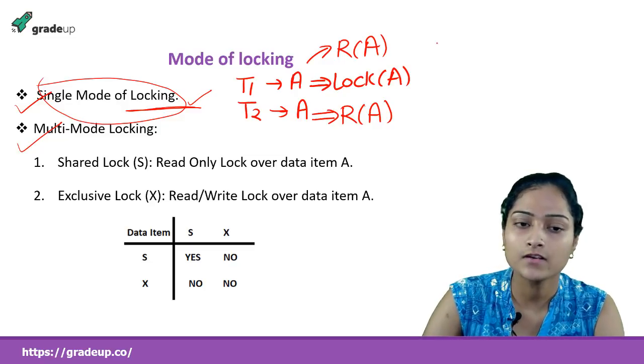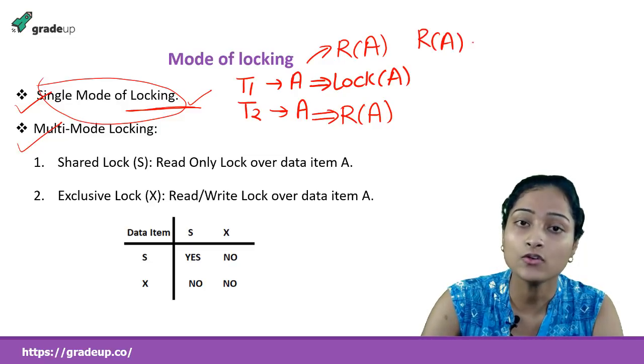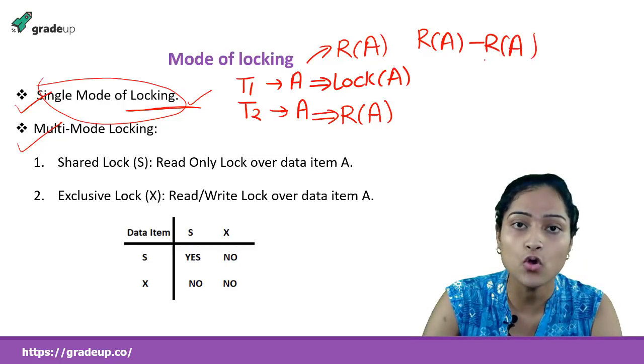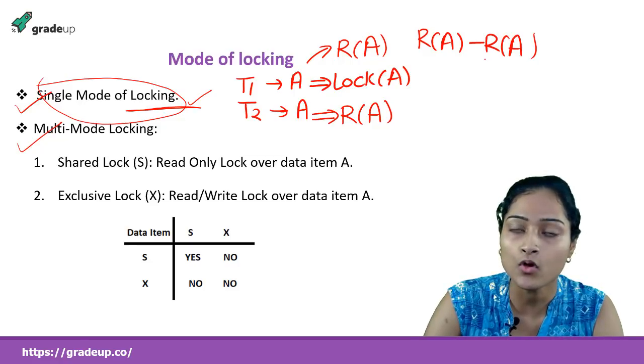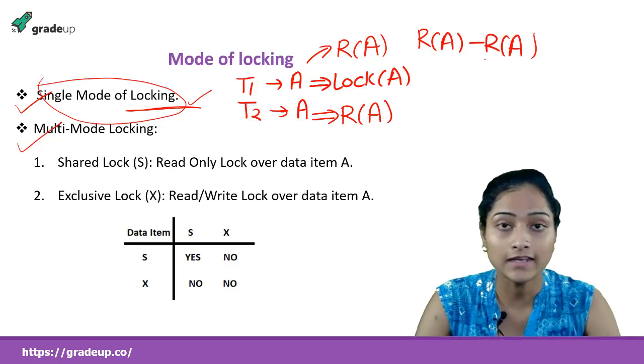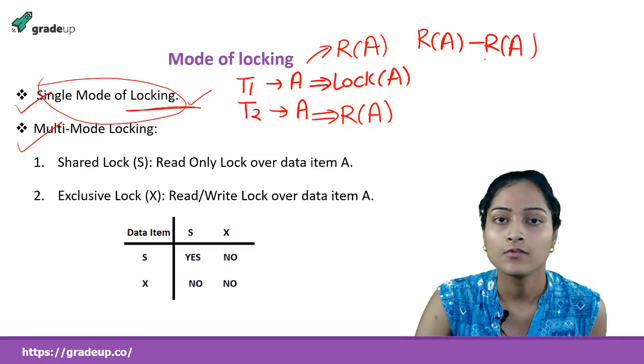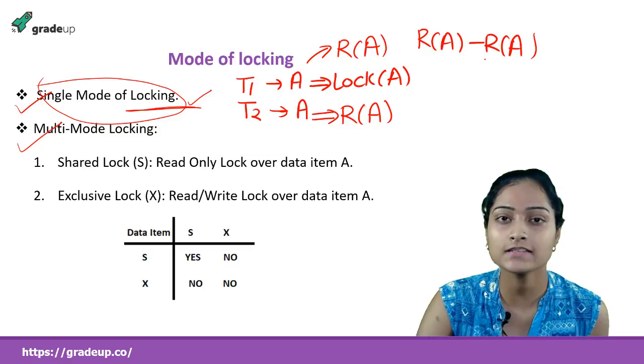But read and read cannot lead to any inconsistency in your database system, because no updates and no changes have been made. Because of single mode of locking, we get a low degree of concurrency.